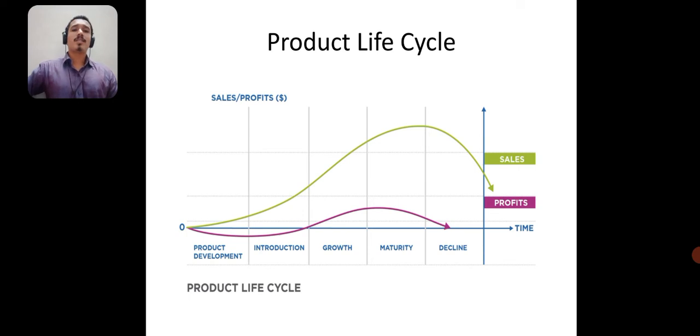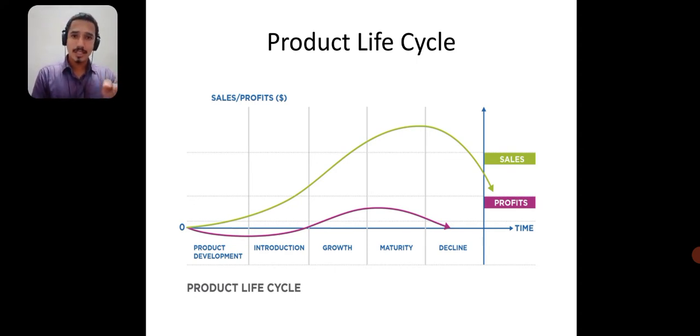Next topic is a very important topic, that is product life cycle. So we can see the diagram there, right? Product development, that is what we have seen, how we plan a product, is what is being done there.